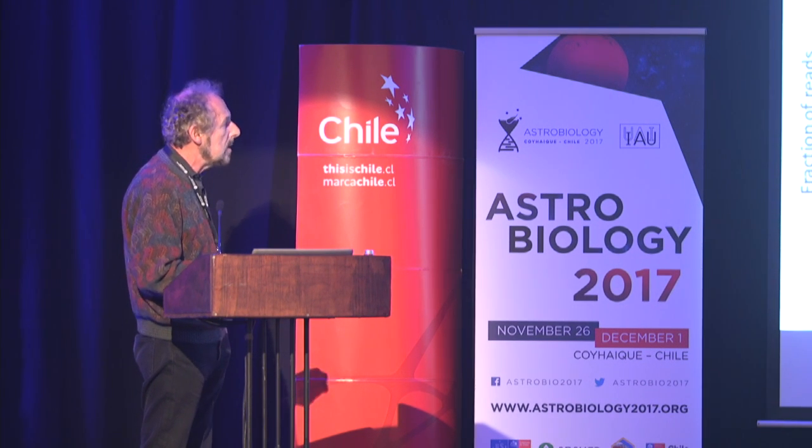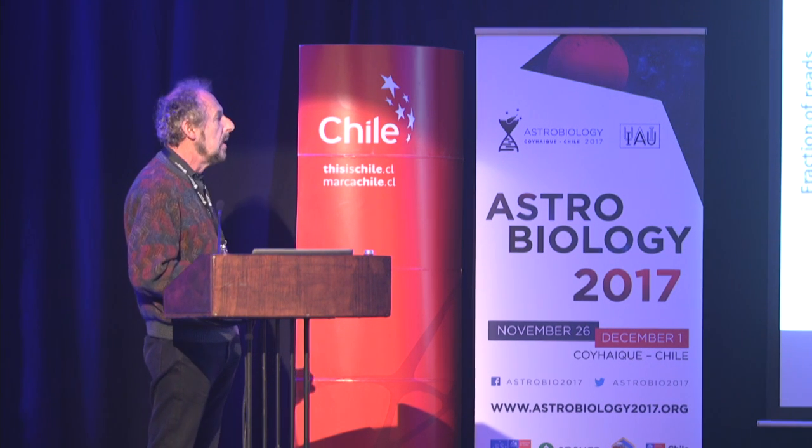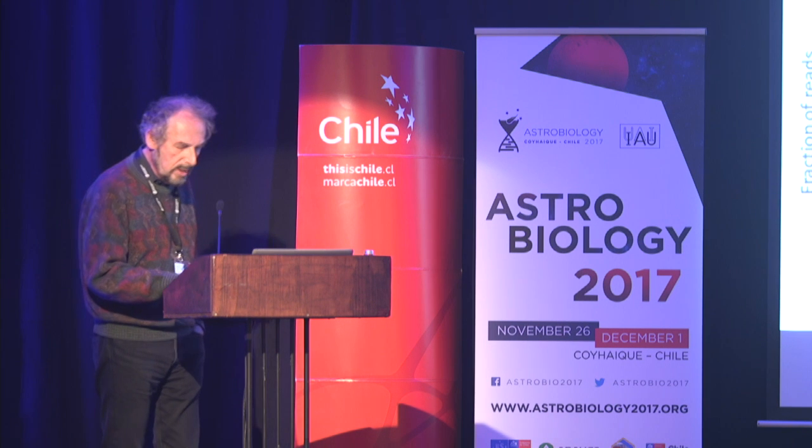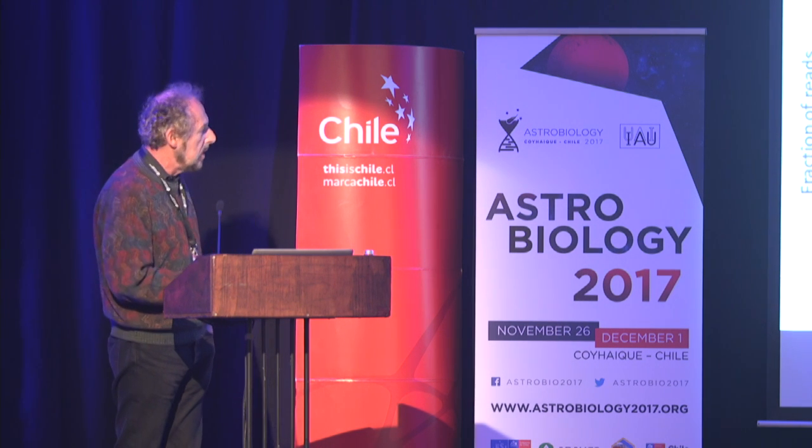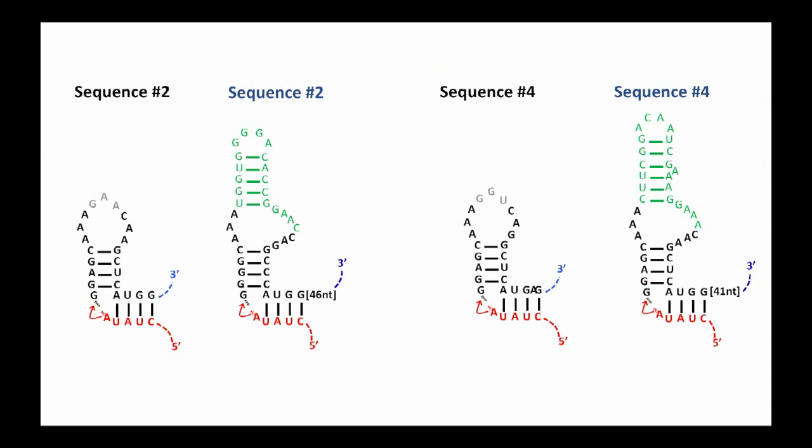And some of them are in green, some of them are in other colors, and some are both in green. Why they are both in green, you'll see in a moment. This is not just a random choice of colors. If you look at this sequence, it looks like there are two stems, a junction, and a little loop for the 20-nucleotide enzyme.